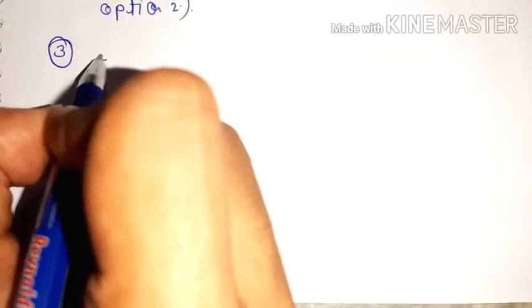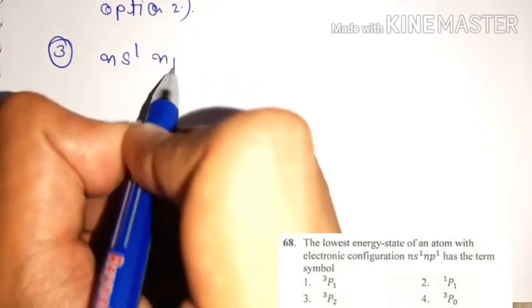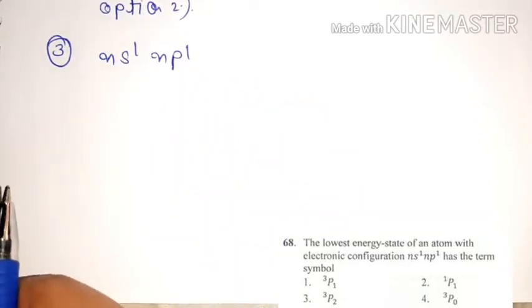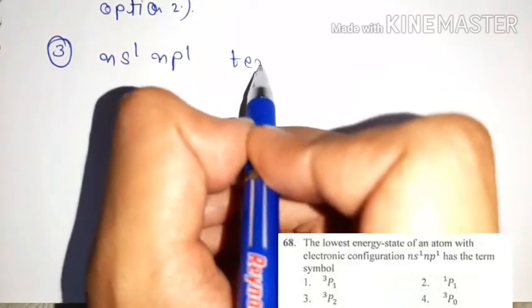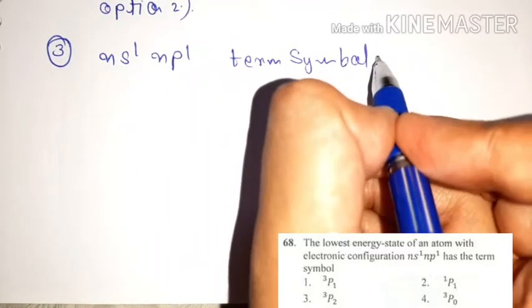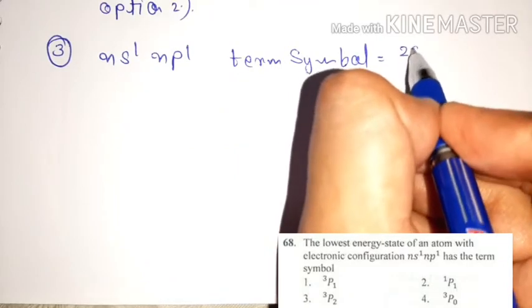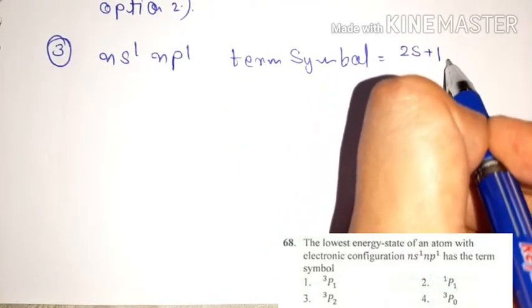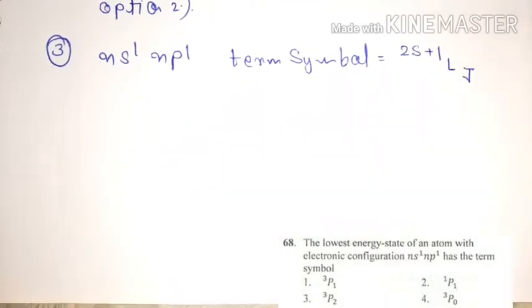Now see, first of all we have the electronic configuration, that is ns1 and p1. The general expression for the term symbol is 2S plus 1 L J. This is the general expression.